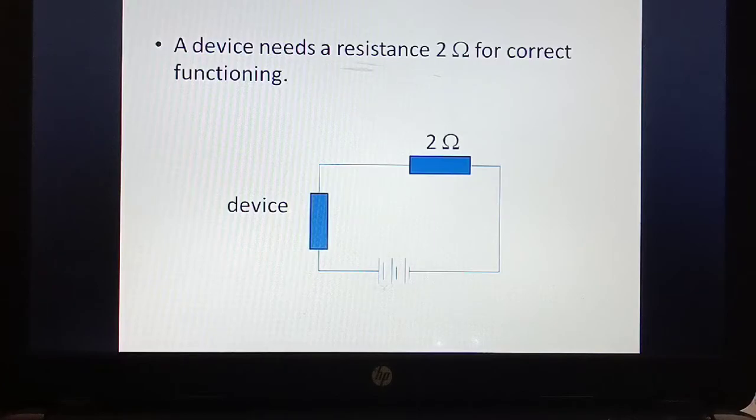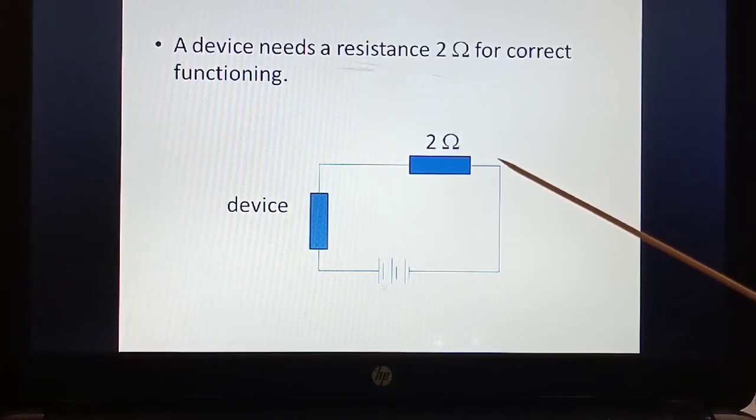A device needs a resistance of 2 ohm for correct functioning. So I need 2 ohm resistance in my circuit. This is the circuit, and I need 2 ohm resistance in it. But I don't have a 2 ohm resistor. I have only a 1 ohm resistor.